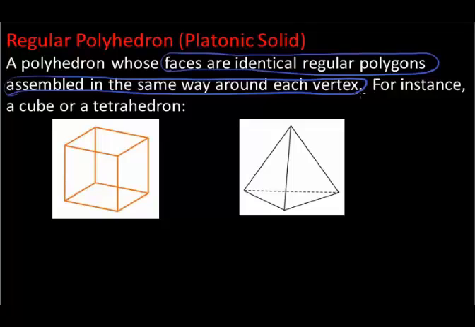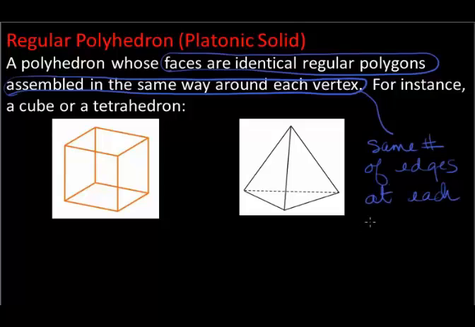Well, what does that mean? I think this is easier for you to remember: the same number of edges at each vertex. There is the same number of edges, or you could say the same number of faces, meeting at each vertex. So let's look at our cube.